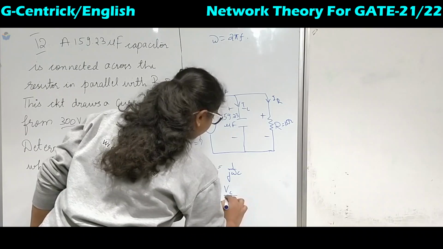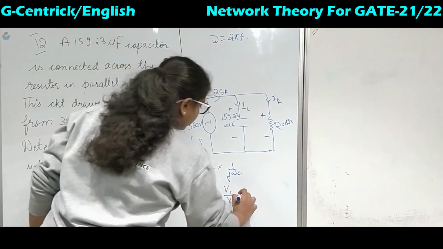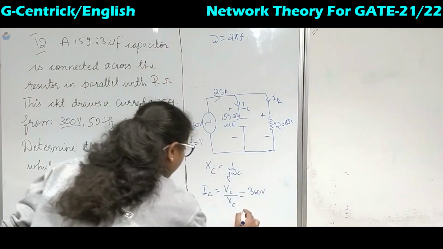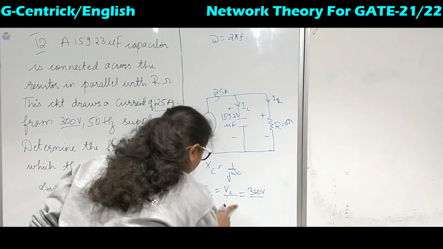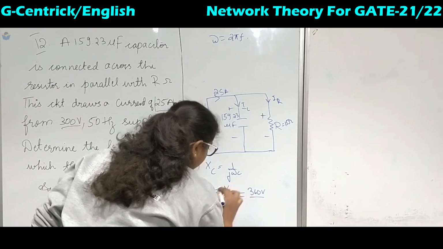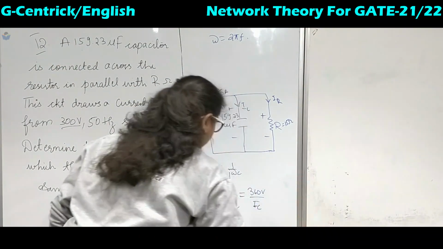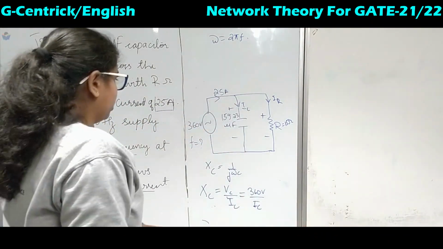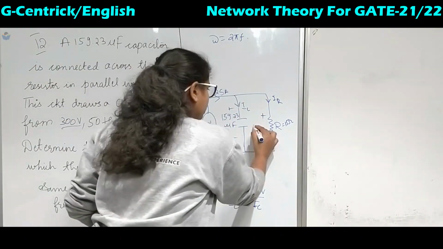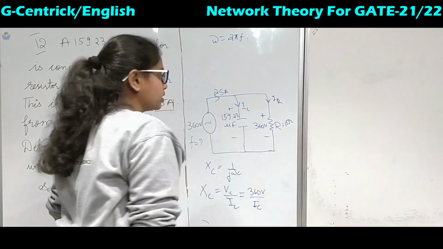VC upon XC. We do not know XC, but we know VC, that is 360 volt. So we transfer it here, XC, and this will become IC. Now we know 360 volt is here, and we know the value of the resistor.